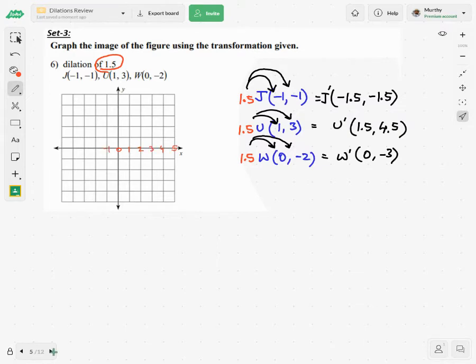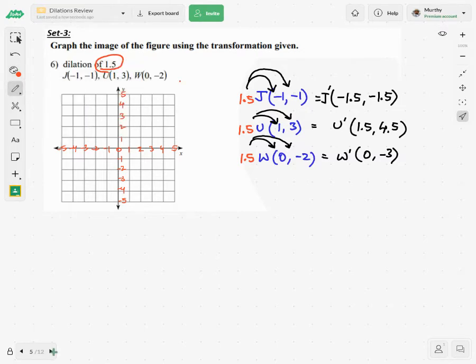On the left side, 2, 3, 4, and 5. Below 0, -1, 2, 3, 4, 5. Above 0, 1, 2, 3, 4, and 5. Now let me plot these points.